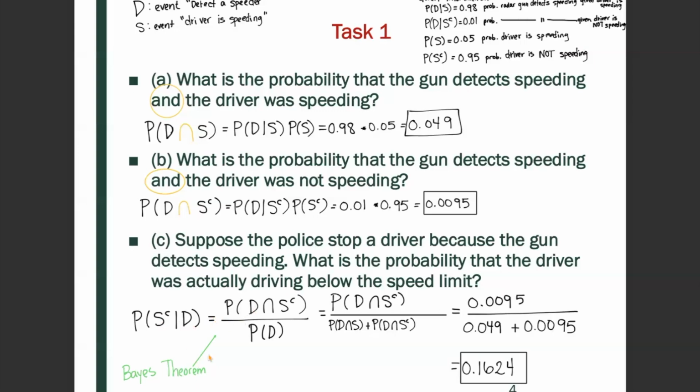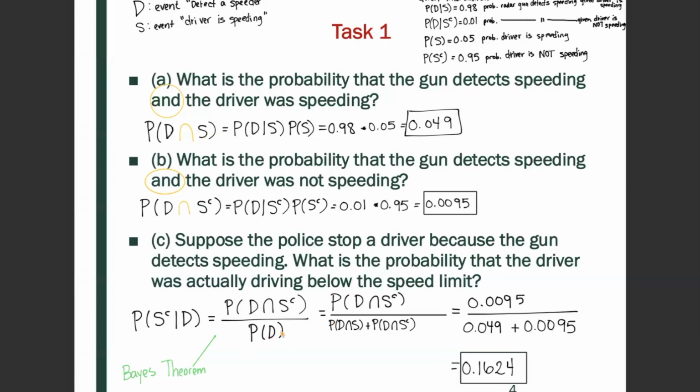Given Bayes' theorem, this is going to be equal to the probability of D, that we detect a speeder, intersect S complement, where the driver is not speeding, and then we're going to divide that by the probability of event D where we detect a speeder.